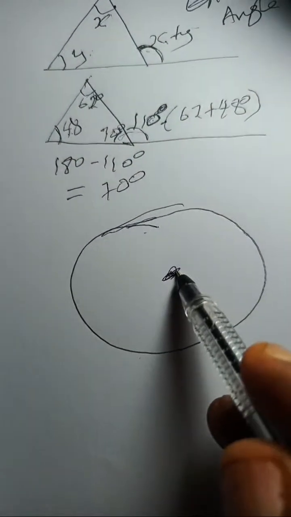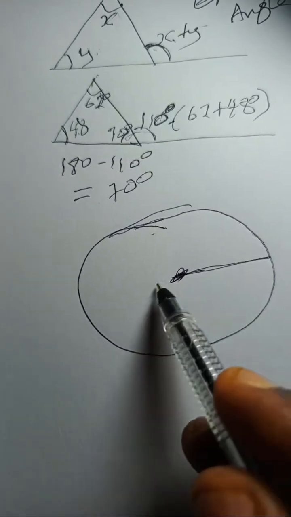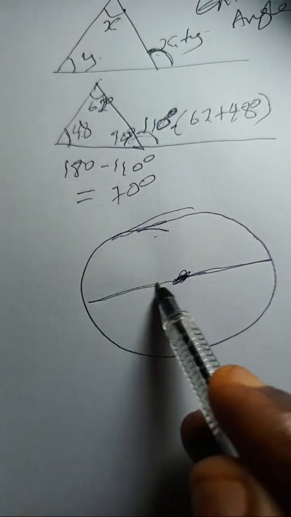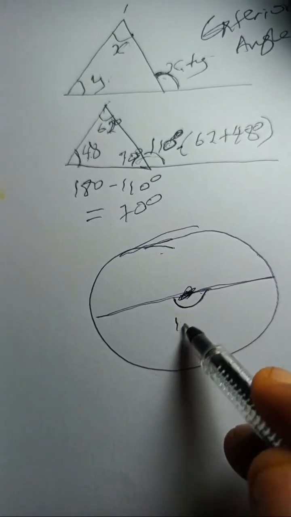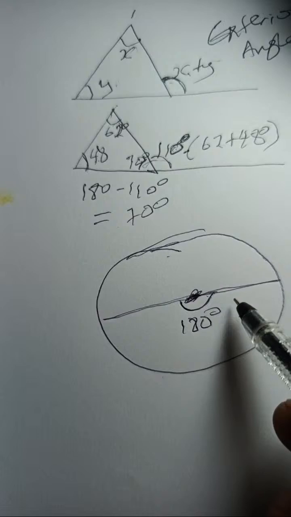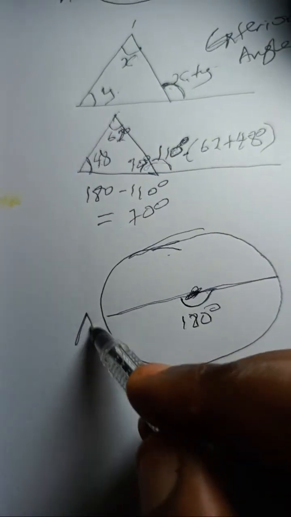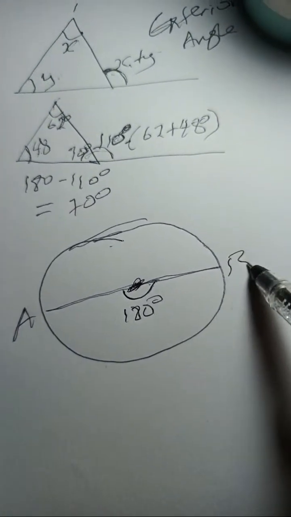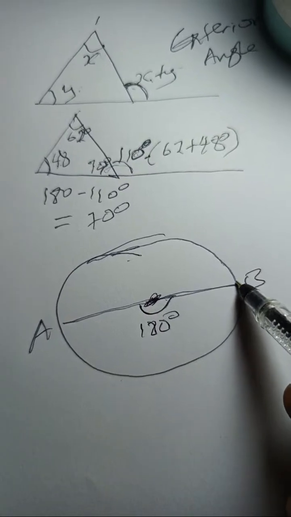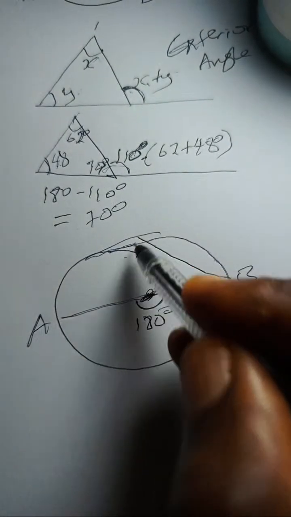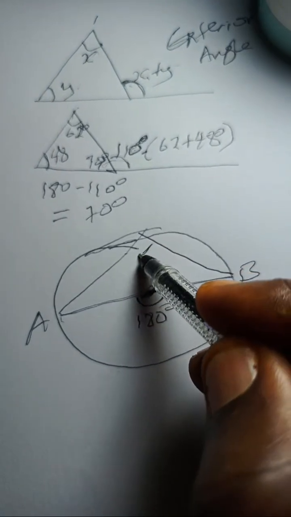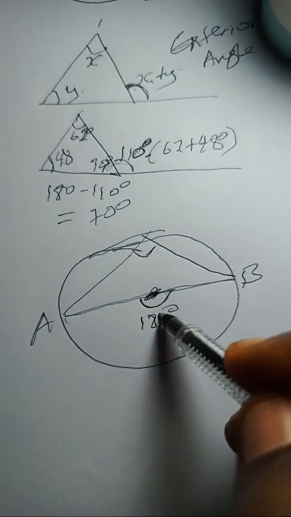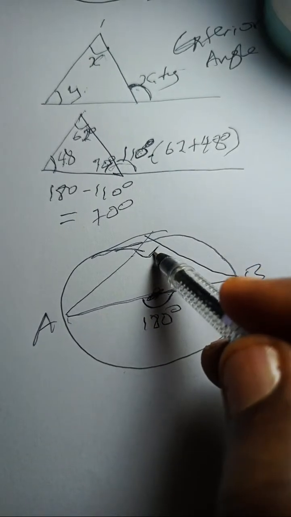So it means when you have a straight line that cuts the circle into two, but mind you, there's an angle here, which is 180 degrees. This one is also subtended at the center. You can say it starts from A and B. So the angle that is now subtended at the circumference will be 90, which is half, which means this one will be twice of this.